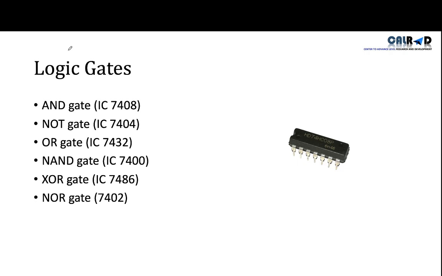In theory, we will study different types of gates and their truth tables. But how are those truth tables implemented in real life? On the right side here, you can see this black IC with a number of legs.